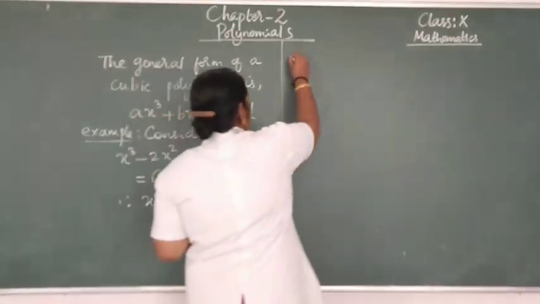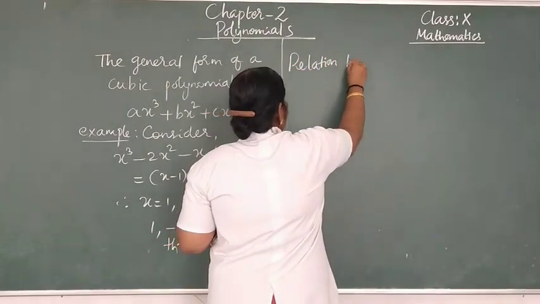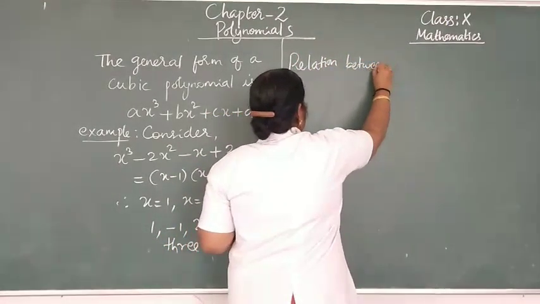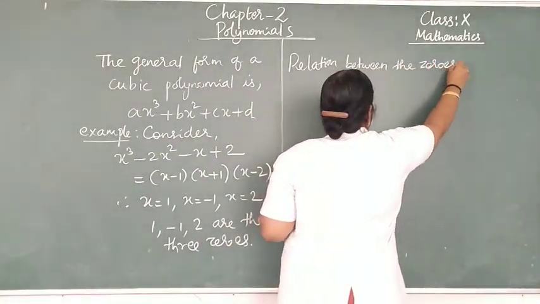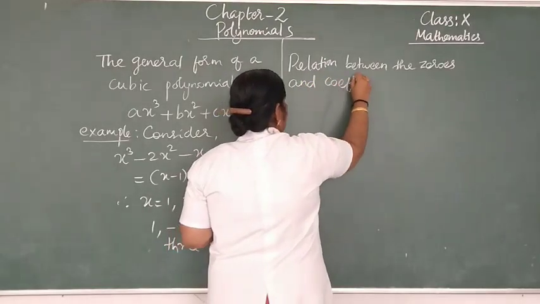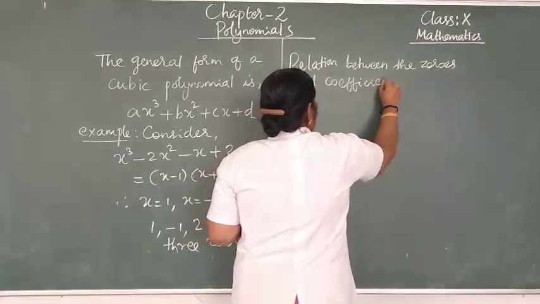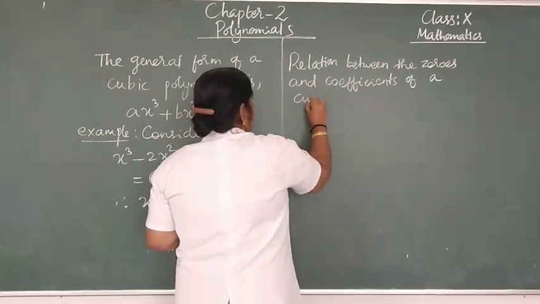So I am going to write that relation between the zeros and coefficients of a cubic polynomial.